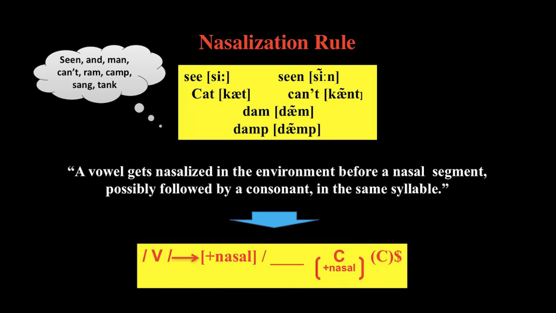And it is also followed by a slash, which means when, whenever, if. And we write the environment, the dash, followed by a C, a consonant, which is a very specific consonant, and we specify the feature for that specific consonant, which is plus nasal between brackets.